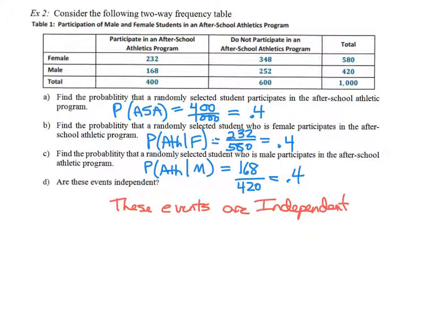That's the one that says that the conditional probability, in this case, either of the genders, was equal to the probability of just being involved in the athletic program, regardless of whether you were male or female. So when they match, that tells me the events have to be independent. It didn't matter whether I picked a girl or a boy to ask.